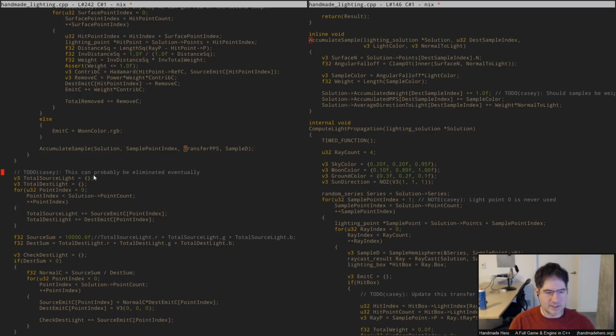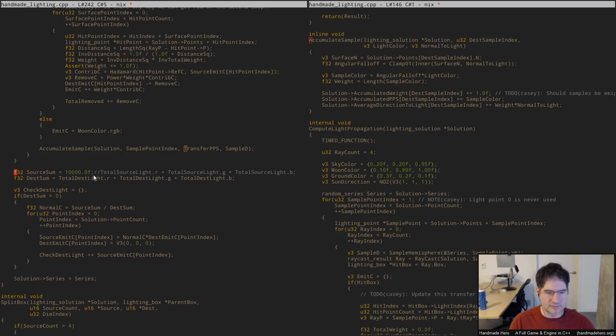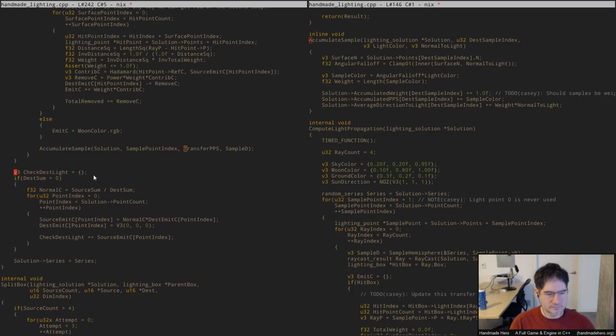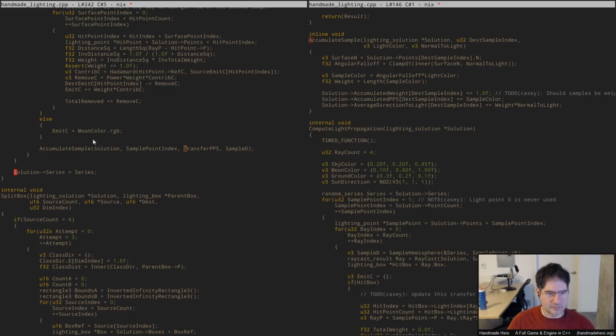This is not a thing at the moment, although we may want to do that as a measure in the future, I suppose, of what the total light is. But let's see what's going on here. Source sum, dest sum. I think all we really have to do is some clearing here.